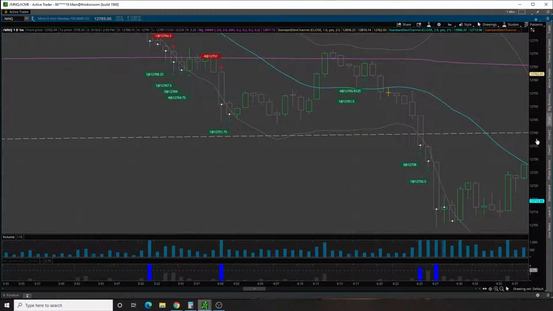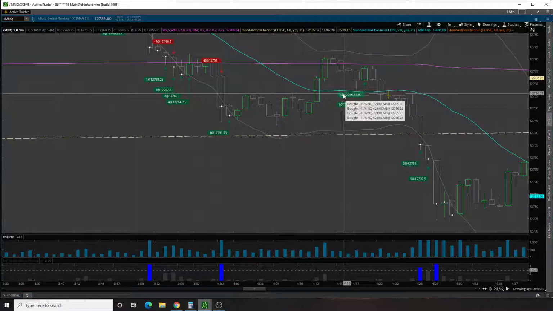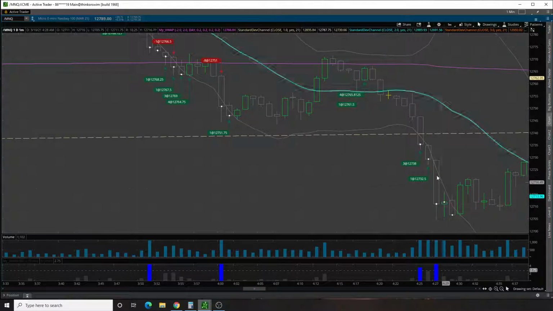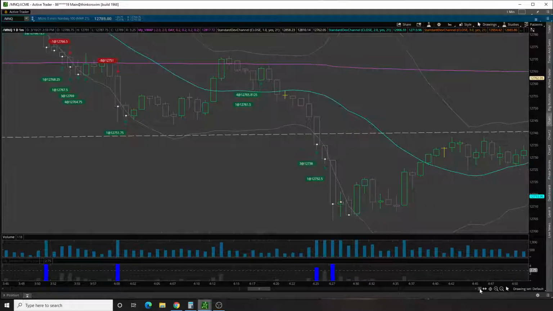Shrink this back down. Okay. So at this point, we're long 10 contracts. Average price is about 52, so average price is up in here at 52.